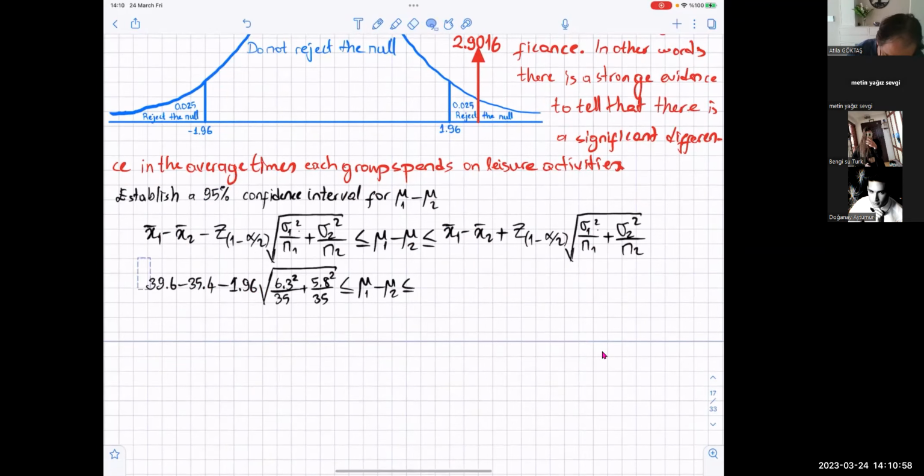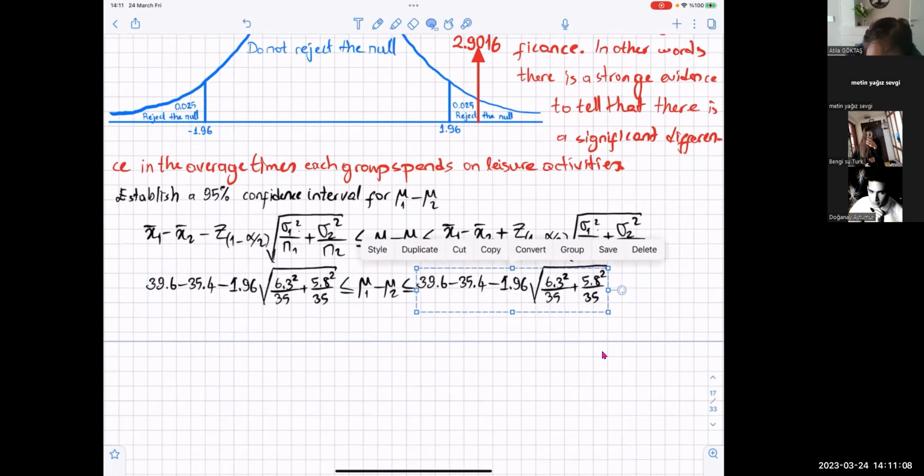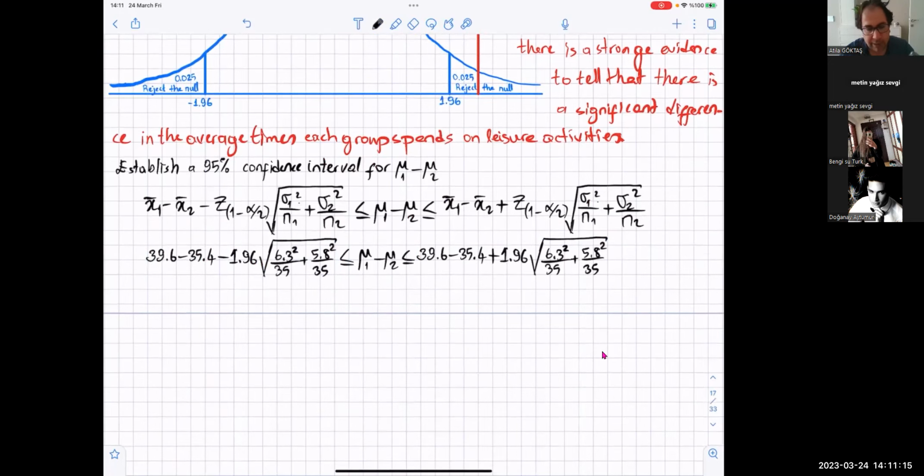I'm gonna copy the lower bound. There you go. And this is going to be a plus. The upper bound will be plus. Let me perform the calculation.